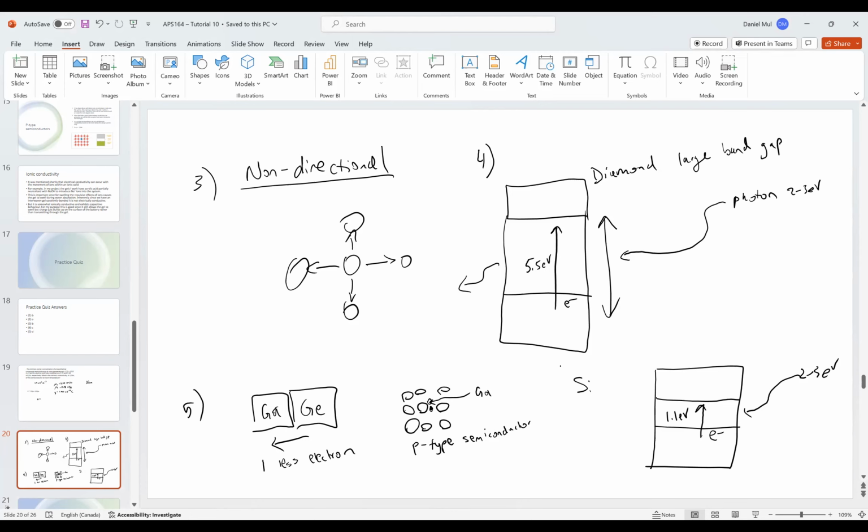Okay, P for positive, which means that there's a hole, like an electron missing.